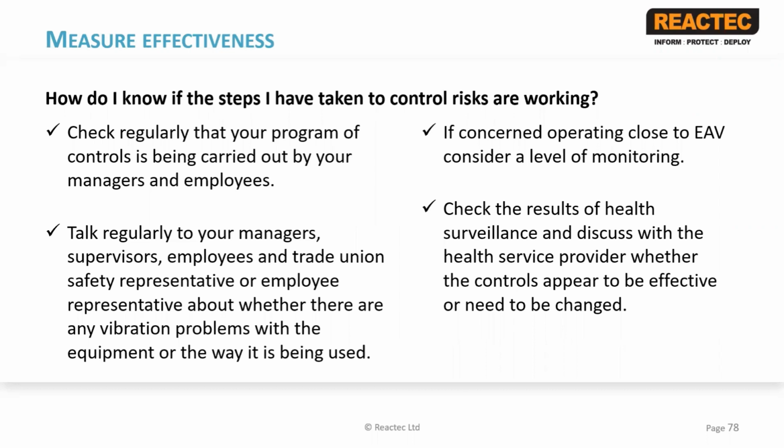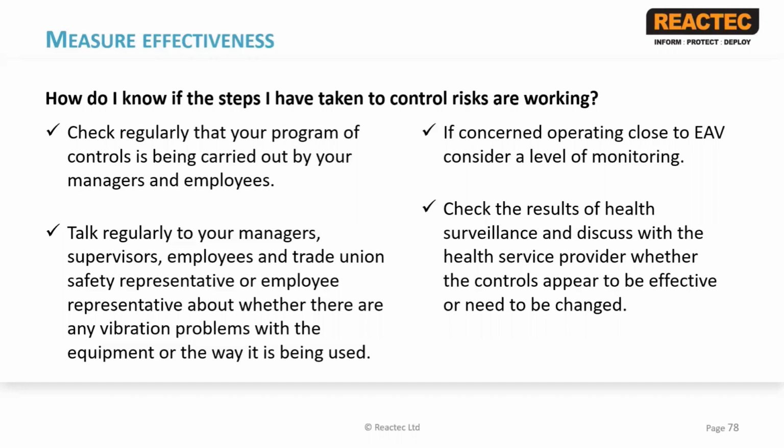You should check regularly that your program of controls is being followed, and also talk regularly with managers and employees to see if they are seeing any problems with vibration continuing within the organisation despite the controls being put in place. And if you're in any way concerned that you might be approaching the exposure action value, then it may be worth considering a level of monitoring to know how much the reality of exposure is to your assessments.